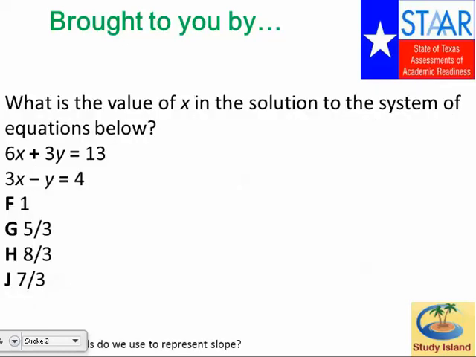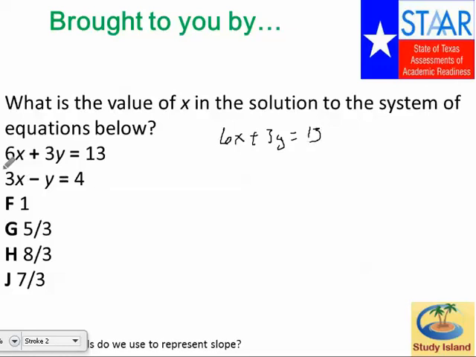moving to the next one here. Another STAR question. What is the value of X in the solution to the system of equations below? And this is basically just a system of equations. I want to show this one with elimination because I think elimination works easily here. So I've got 6x plus 3y equals 13.